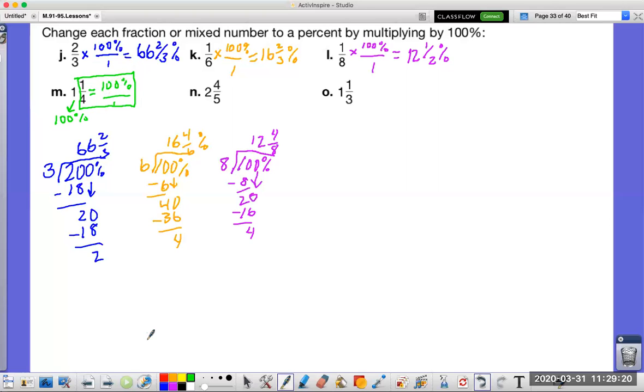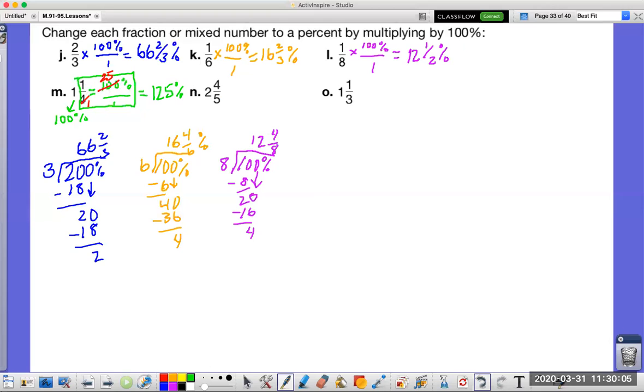I know that this will cancel, so let me do that. This would cancel this because this will be 25 and that would be 1. 25 is the numerator then, so I'd end up with 25 divided by 1, you see, that's just 25%. So now I just have that 100% plus that 25%. That equals 125%. That's all I had to do there, actually. 1 1/4 equals 125%.